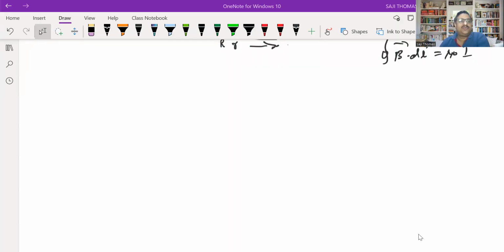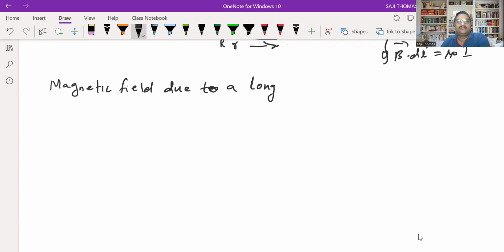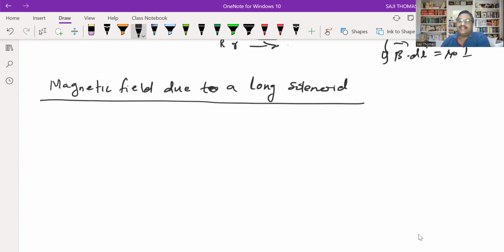Magnetic field due to a long solenoid: the length of the solenoid is very large compared to the radius.